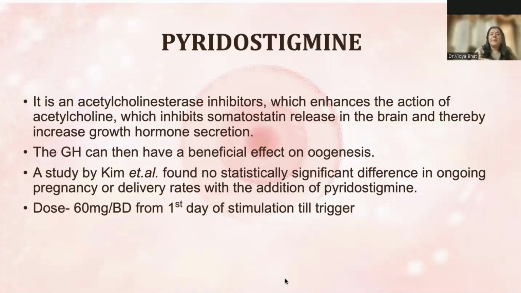And then maybe you will get good quality oocytes and that will benefit oogenesis. So growth hormone can have a beneficial effect on oogenesis. This was a study which was conducted, but they did not find any classical difference. So the recommended dose was 60 milligrams twice daily from the first day of stimulation till the trigger.